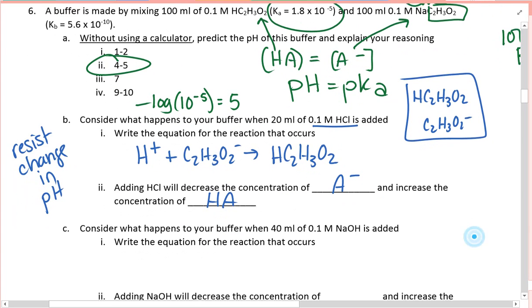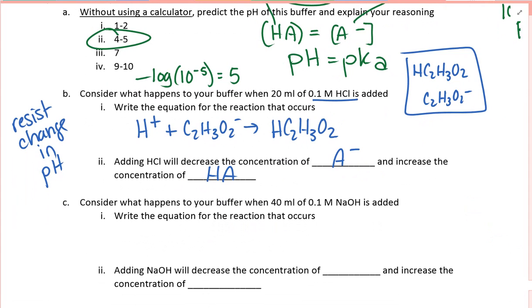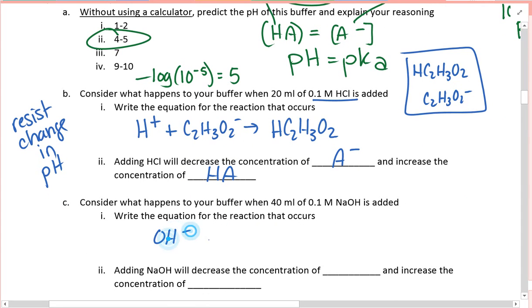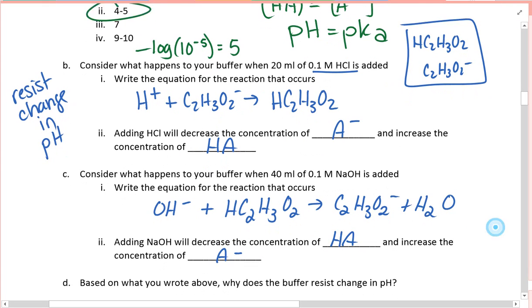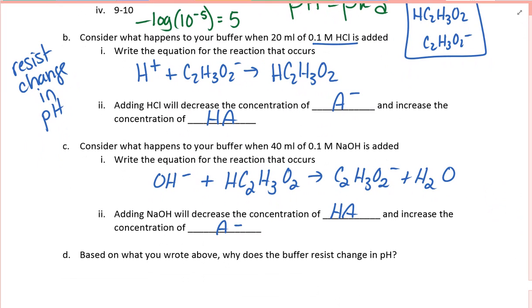I'll just use my general symbols there. When you add hydroxide, the opposite thing happens. The hydroxide is going to react with the acid component of your mixture, generating the conjugate base and water. So it's going to decrease the concentration of HA and increase the concentration of A minus. And why does the buffer resist change in pH?